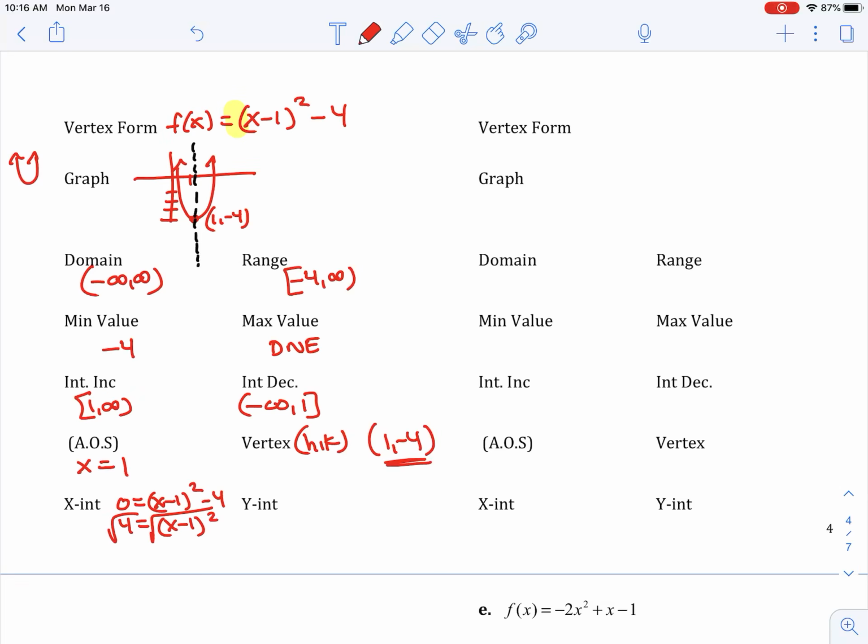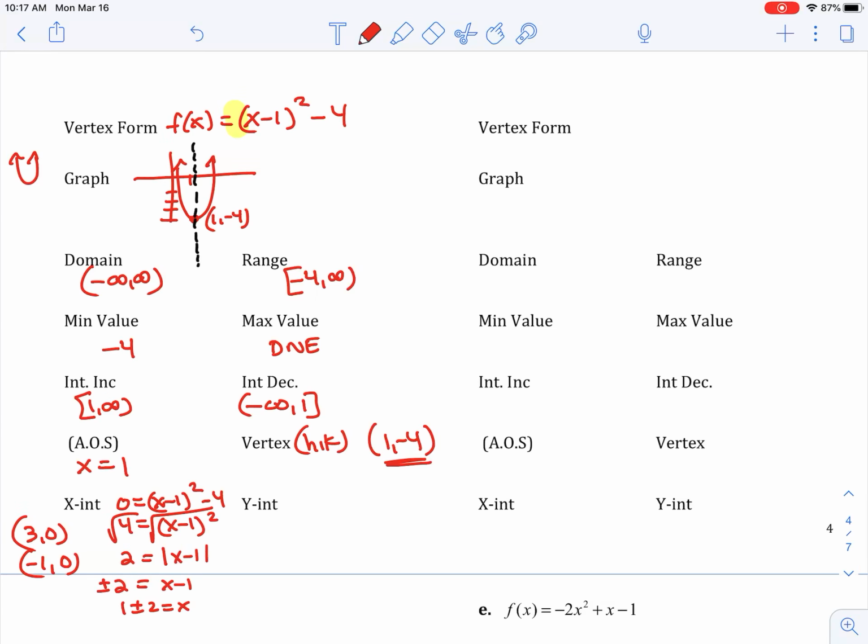We take the square root of both sides. So we're going to get the absolute value of x minus 1 is equal to 2, or plus or minus 2 is equal to x minus 1, or 1 plus or minus 2 is equal to x. So we have an x-intercept at 1 plus 2, or (3, 0), and an x-intercept at 1 minus 2, or (-1, 0).